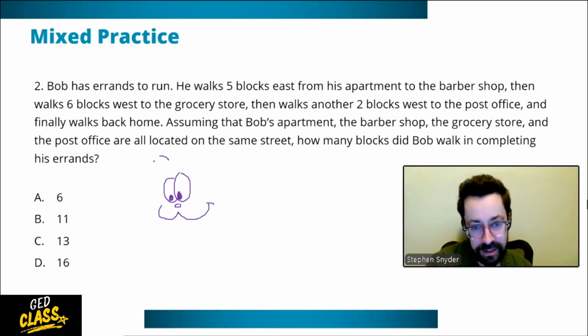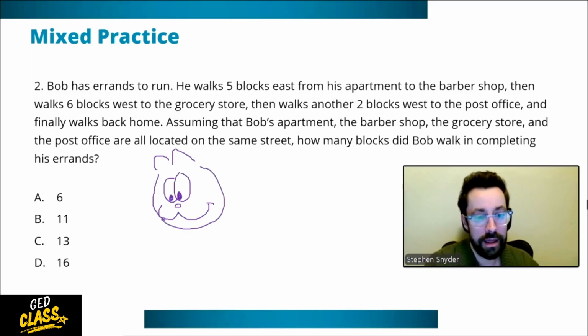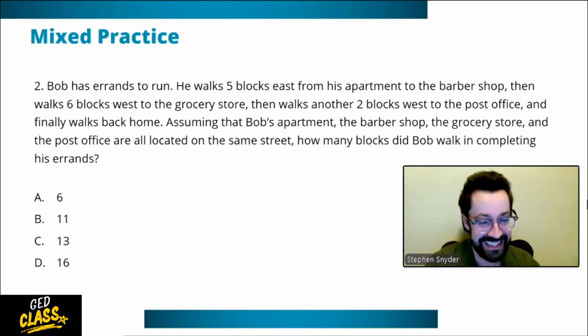Y'all can kind of see it, right? It's not bad. And he has ears kind of like this. Okay, anyway. Taking me back to childhood. But we don't need to be artists. We just need to keep track of directions.